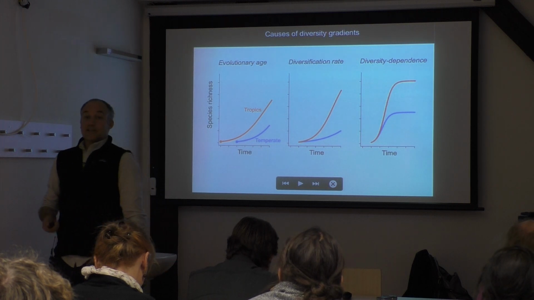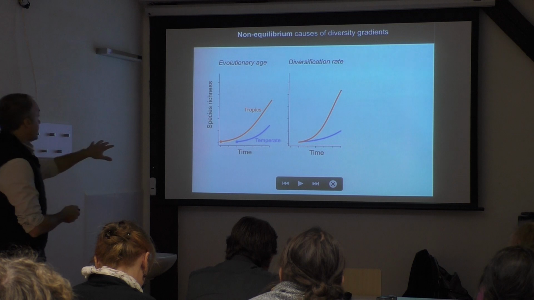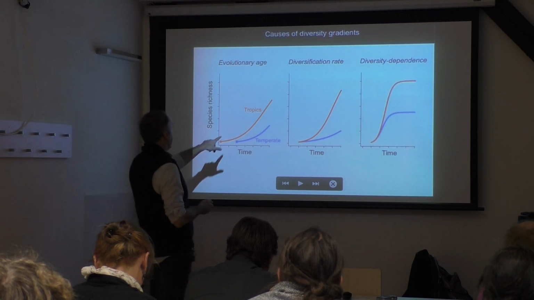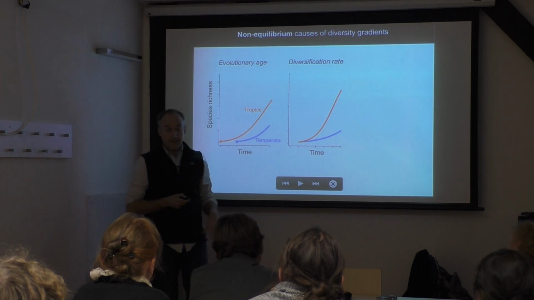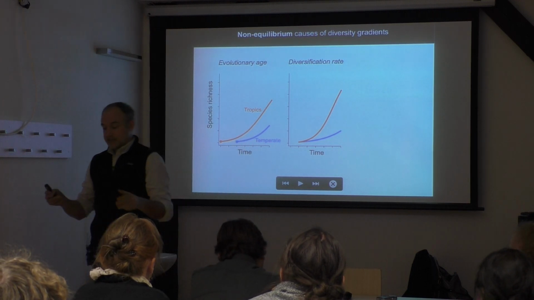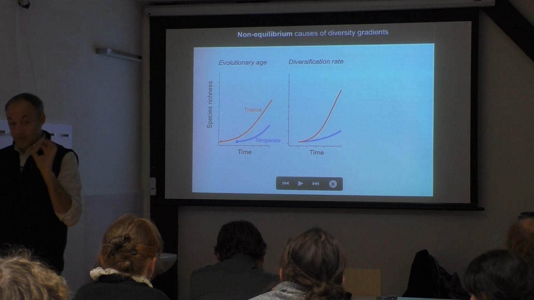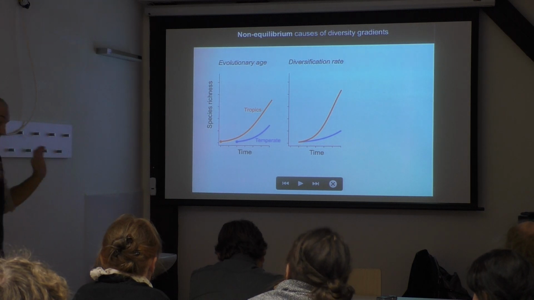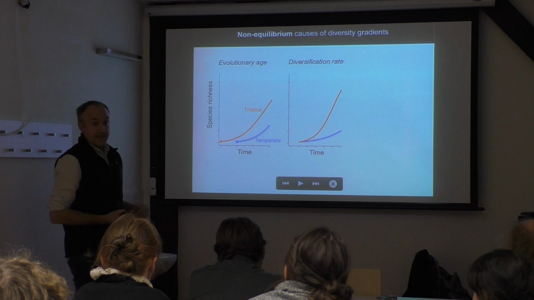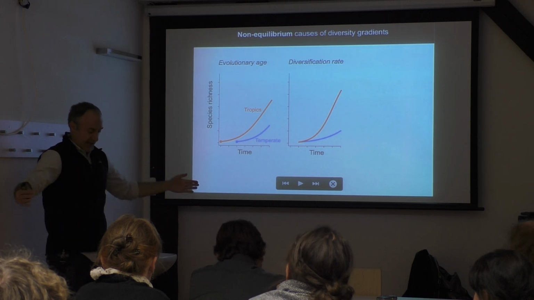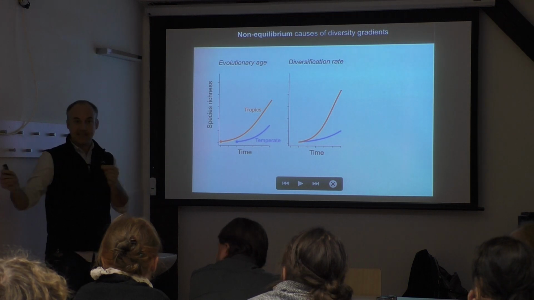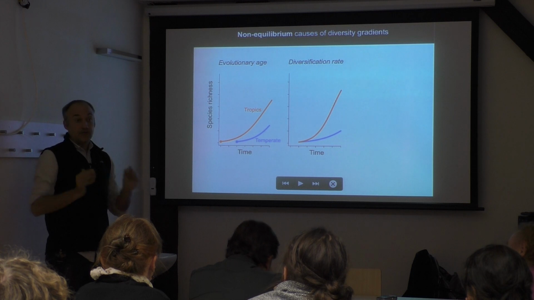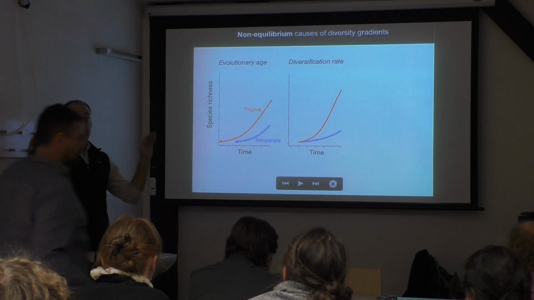So what we're really going to focus on today are these two hypotheses right here, which are basically non-equilibrium hypotheses. And the reason these two hypotheses are non-equilibrium, unlike the diversity-dependent hypothesis, is that they predict that if we were to sit here today and imagine that the processes in operation in the modern world continue running exactly as they are into the future, the latitudinal diversity gradient will continue to get even steeper.